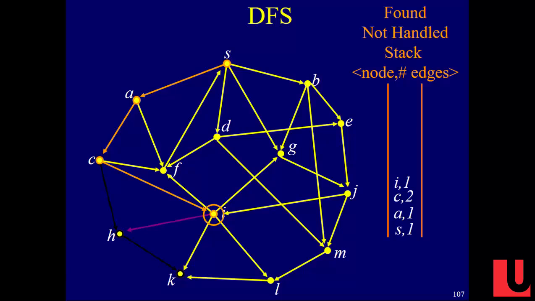Now, I'm calling this a purple edge, and there are all these various kinds of edges. I know when Andy teaches it, there are back edges, cross edges, and forward edges. And I think there might be another one. Anyway, we're going to consider only two issues.